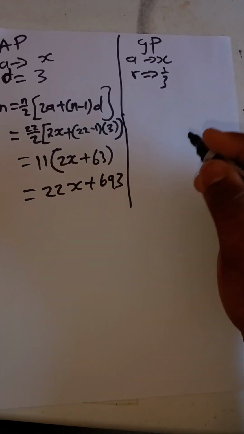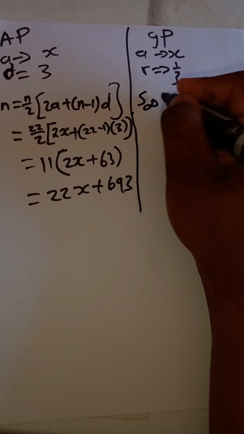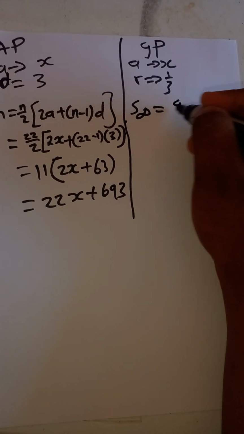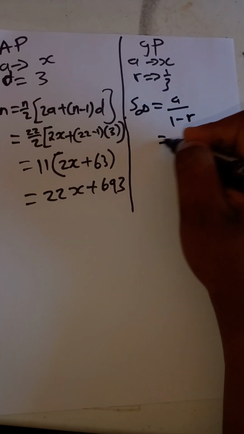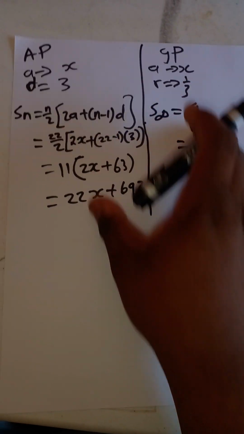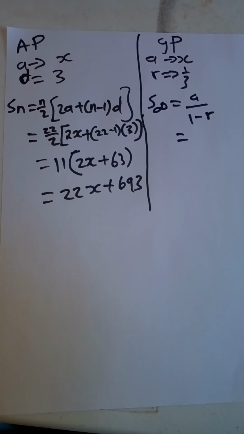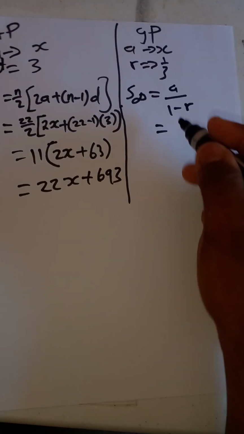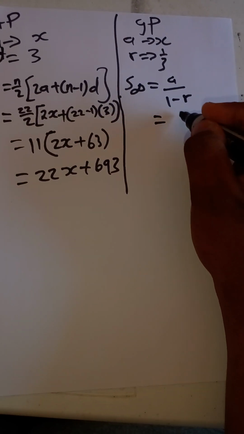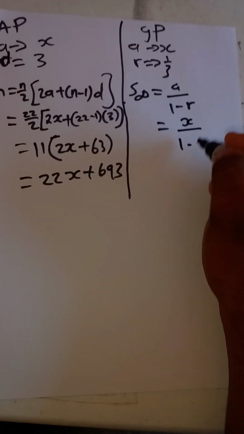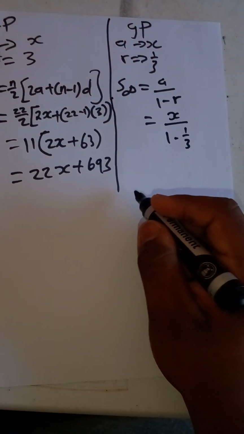Under this one, we are simply going to use the sum to infinity, because we were told it is the sum to infinity. You know, guys, even if it is like this, we have the mark. You will say it is a, x over 1 minus 1 over 3. Is it fine?